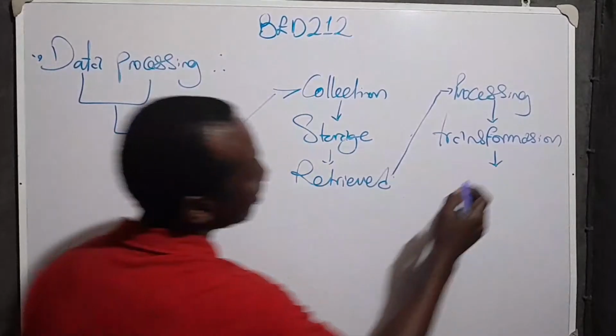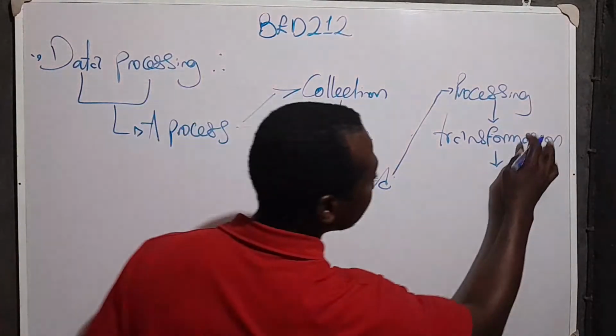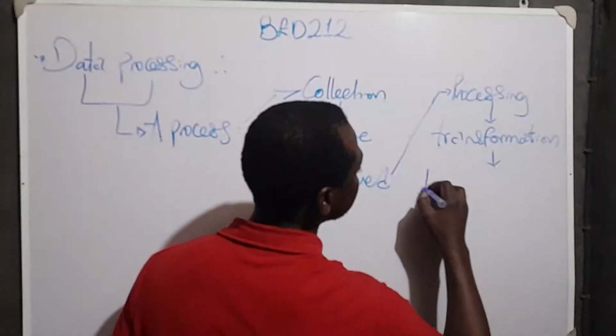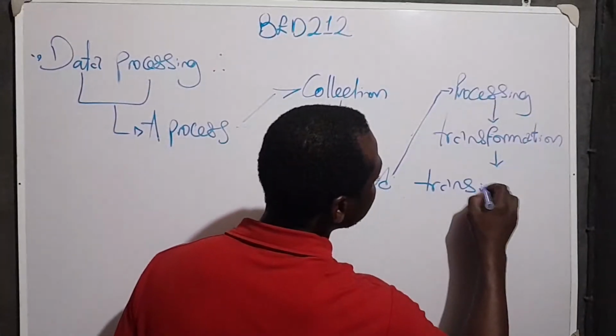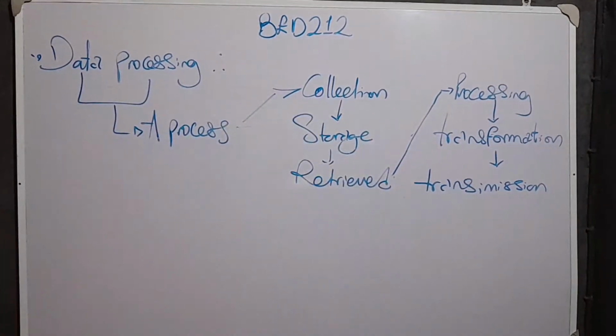And then after the transformation, we have what we refer to as transmission. This is when data becomes useful.